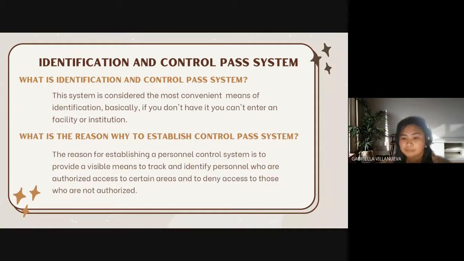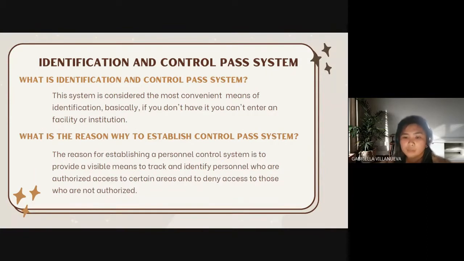The next one is, what is the reason to establish a control pass system? The reason for establishing a personnel control system is to provide a visible means to track and identify personnel who are authorized access to certain areas and to deny access to those who are not authorized.